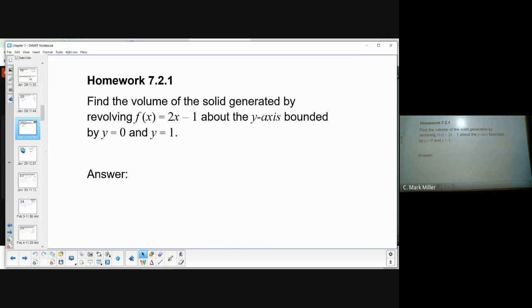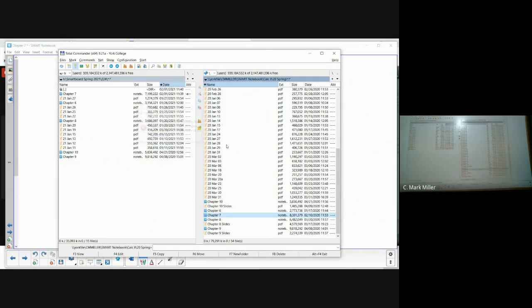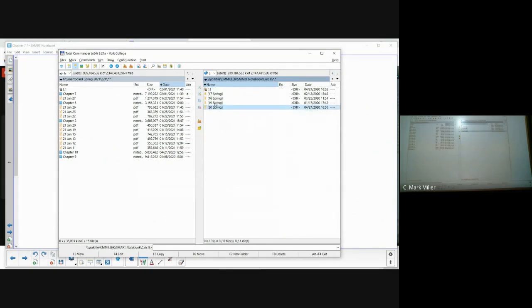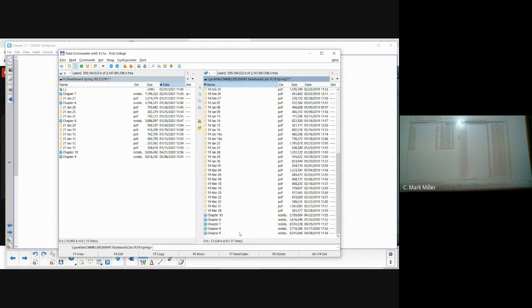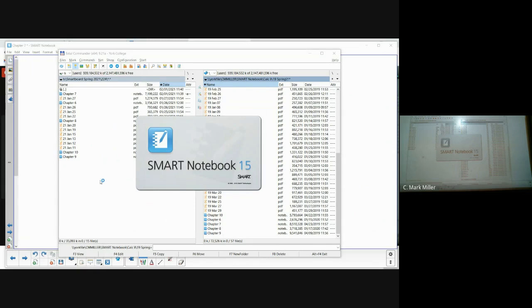That doesn't have it either. Uh-oh. That is slide number 21. Go back another year. Or I could just work the problem. I'm too lazy.